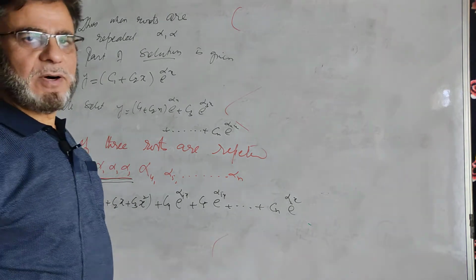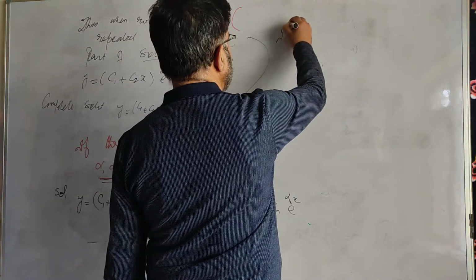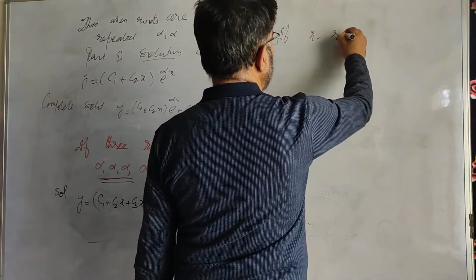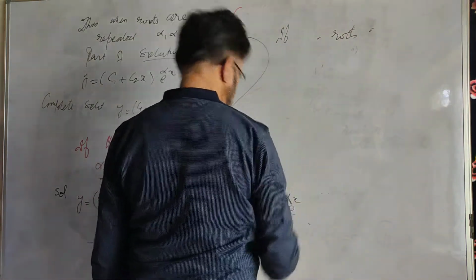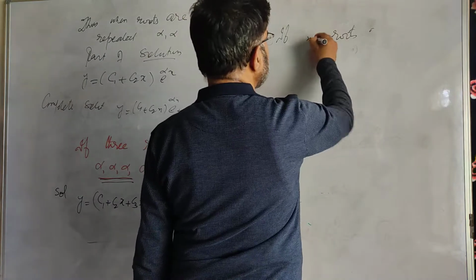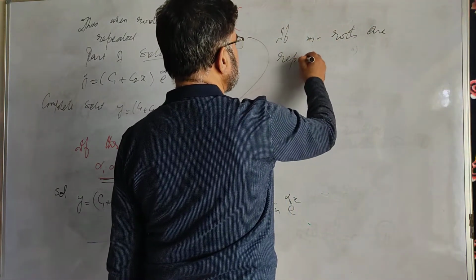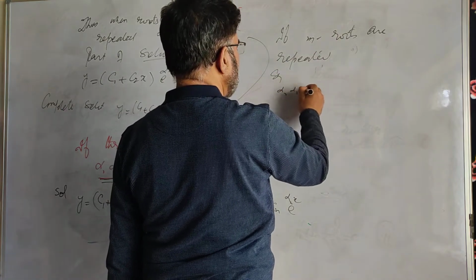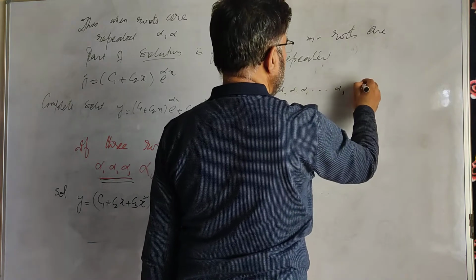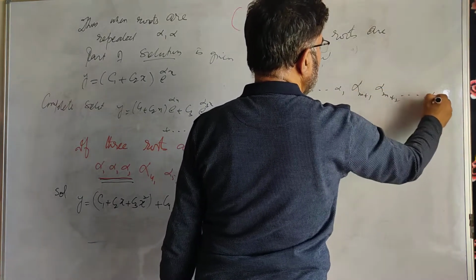Now if you have roots, say m roots are repeated, say you have roots alpha, then alpha m plus 1, alpha m plus 2, alpha n.